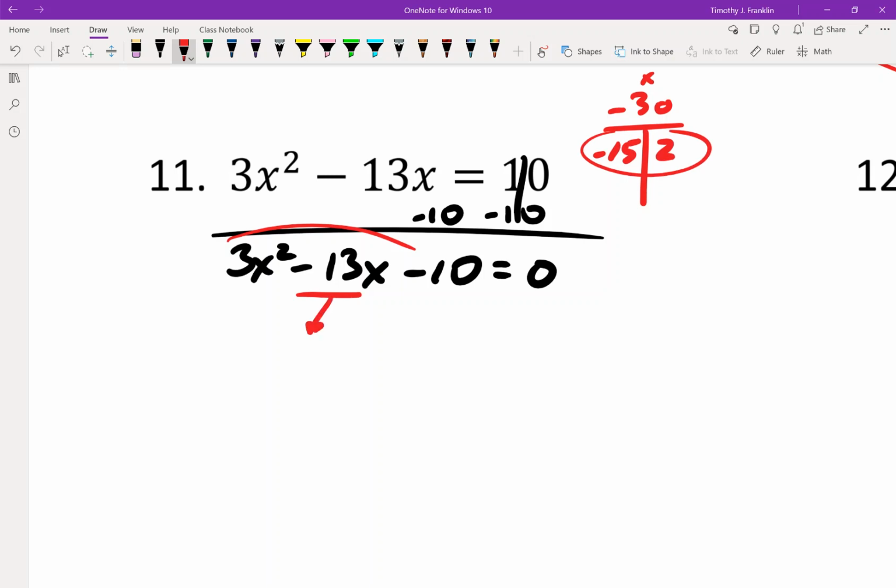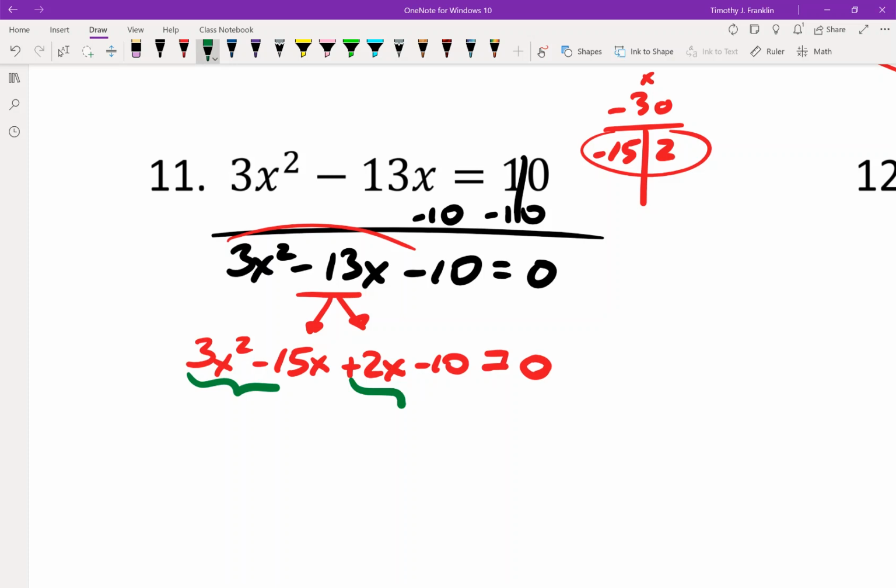So let's go ahead and split that middle term. 3x squared minus 15x plus 2x minus 10 equals 0. Okay, we factor by grouping. Take out a 3x. That's x minus 5.